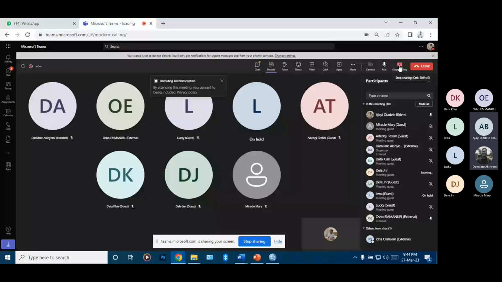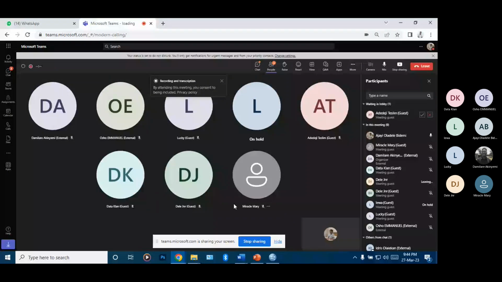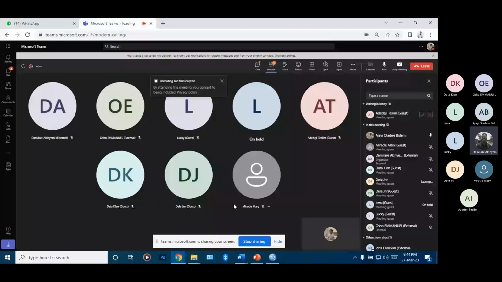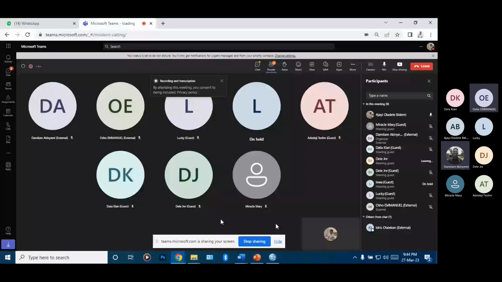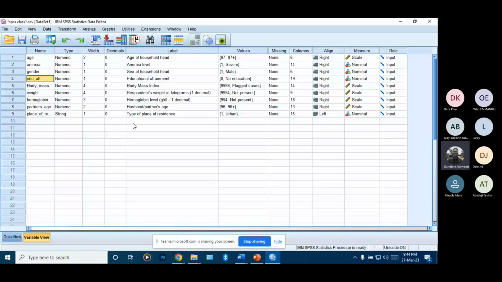Maybe you should share the entire screen, not by window. I'm sharing my entire screen. Can you see my SPSS window?